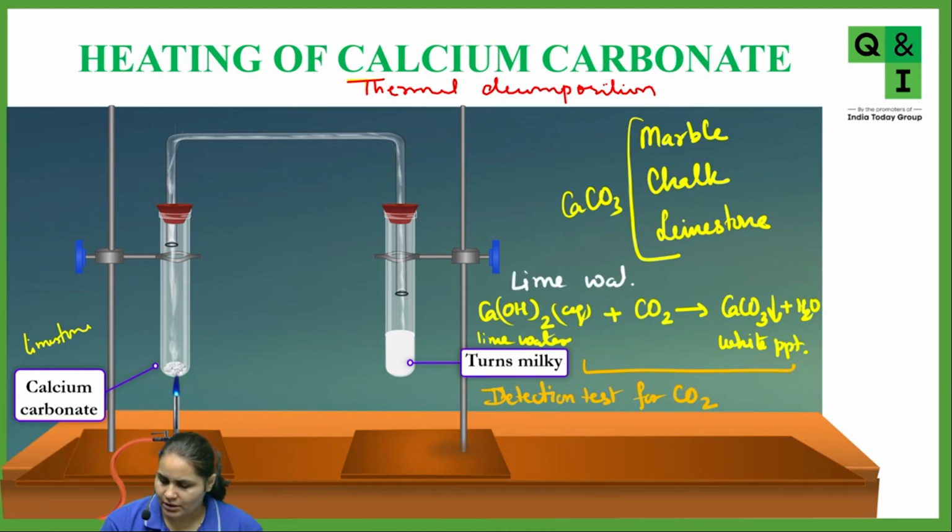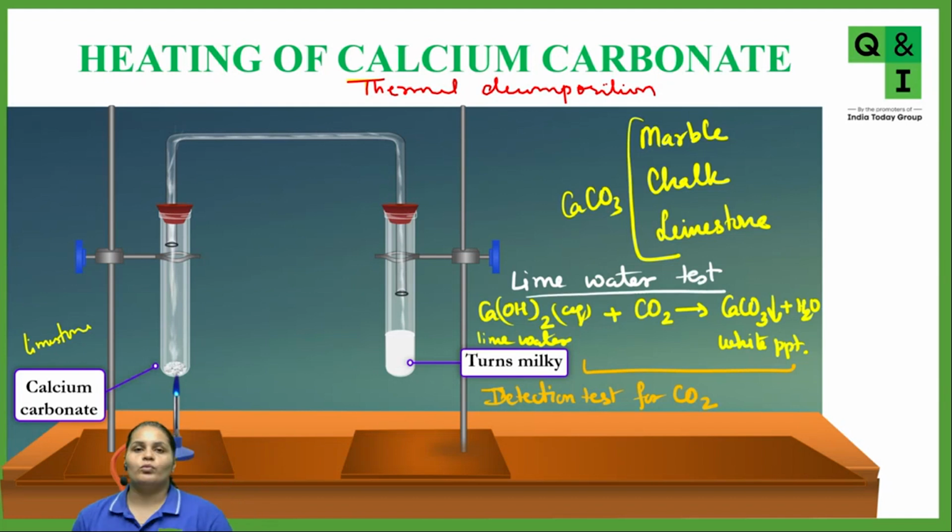It is called lime water test, in which lime water turns milky. How does it turn milky? Because CO2 reacts with calcium hydroxide and forms calcium carbonate, which is insoluble in water, and it forms a white precipitate. So it is the detection test for CO2, which tells us that during this reaction, CO2 gas was formed.